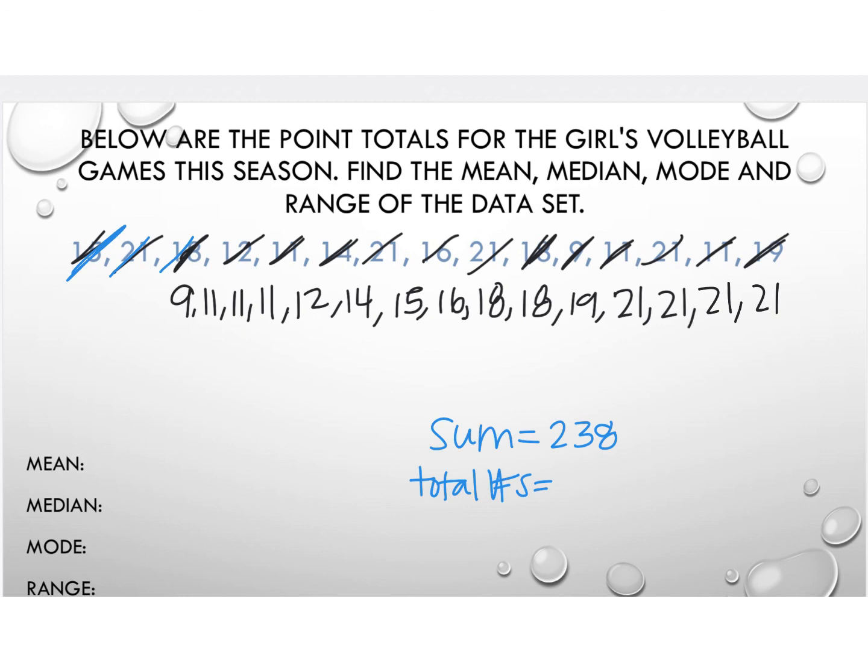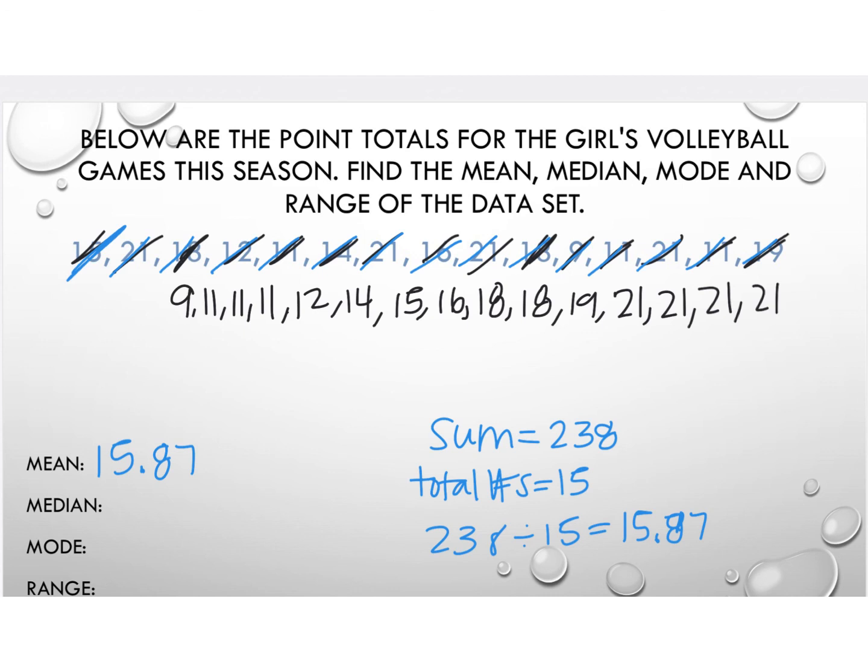So 1, 2, 3, 4, 5, 6, 7, 8, 9, 10, 11, 12, 13, 14, 15. And then if we do 238 divided by 15, that should give us 15.87. And we're rounding here. So our mean is 15.87.